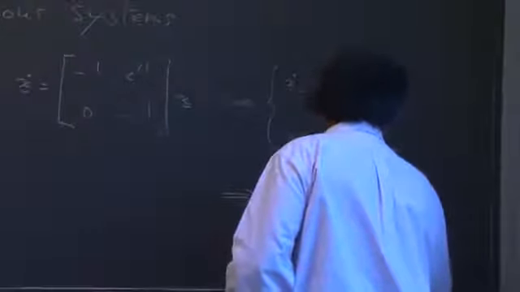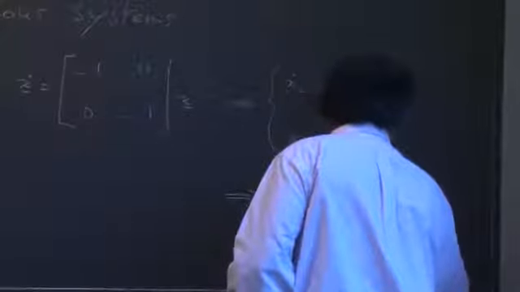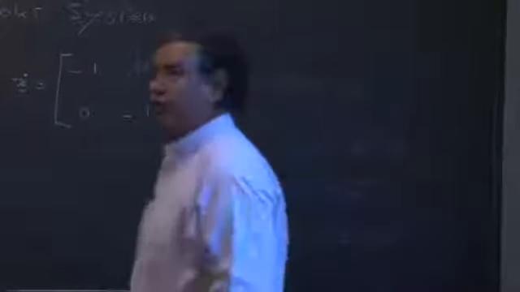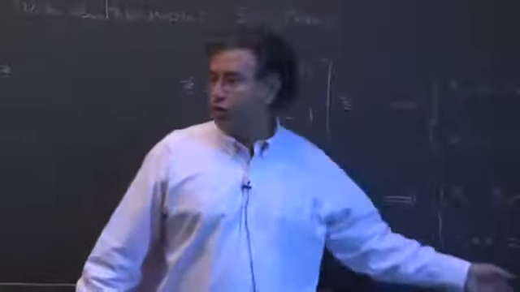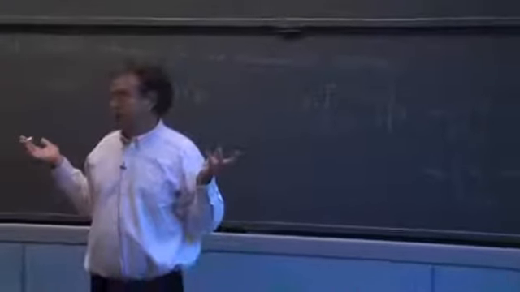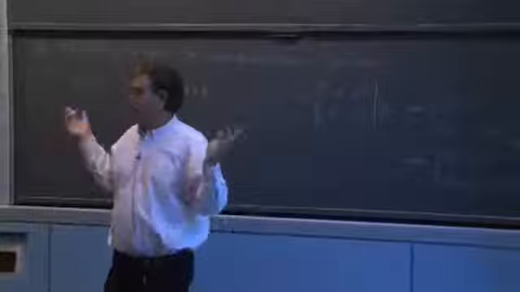So it gives me x2(0) e to the plus t, 2 minus 1. So you see that the x1 equation is basically a low-pass filter driven by an exponential that blows up. So of course it blows up, unless x2(0) is exactly 0.